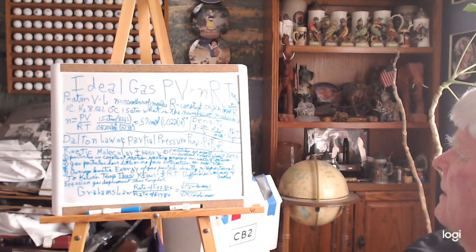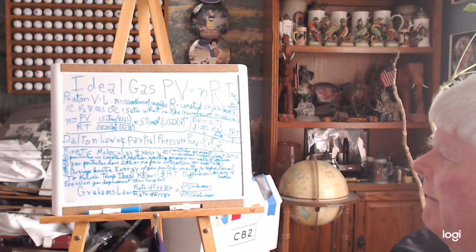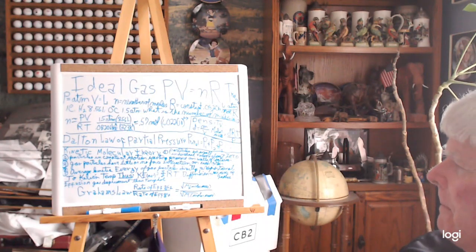Diffusion is, by definition, the mixing of gases. Effusion, however, is gases dispersed through a tiny orifice, or tiny hole, if you want. Now, Graham's law deals with this effusion.